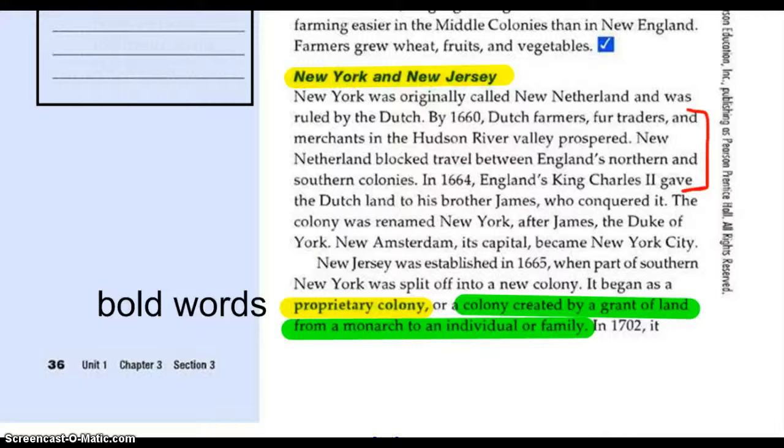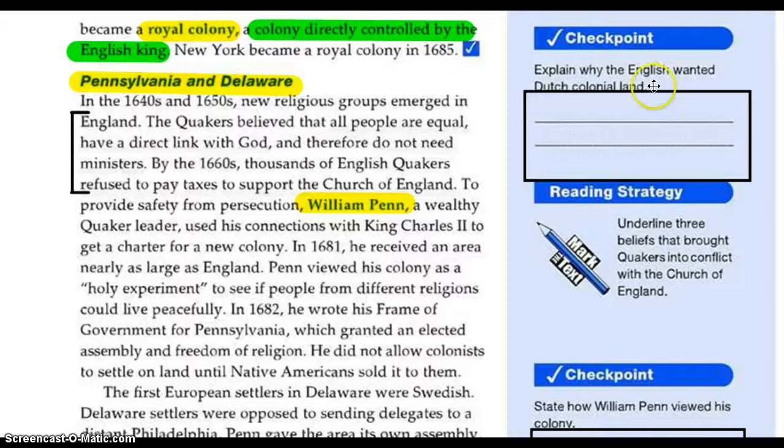But think about, when you read that section, what reason does it give in there that England might want that land that was controlled by the Netherlands? What was going on there that England might want to have control of that land instead of Netherlands? So, think about that. Highlight the part where you think it gives you the answer, and then I want you to go over to the next page and put your answer up there at the top. When you are finished doing both of those things, come back here and we will continue on reading the rest of it.